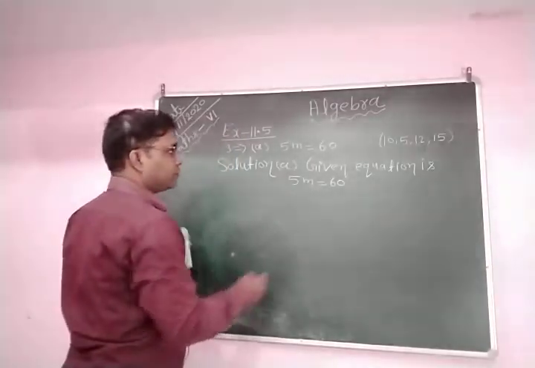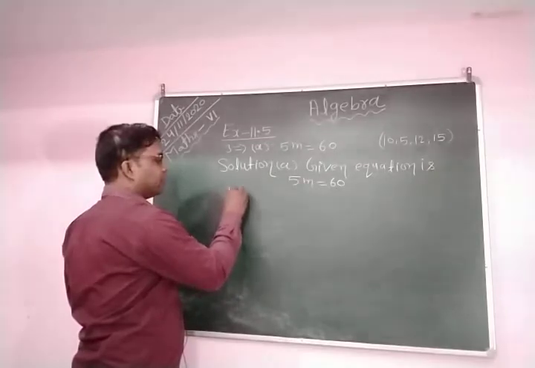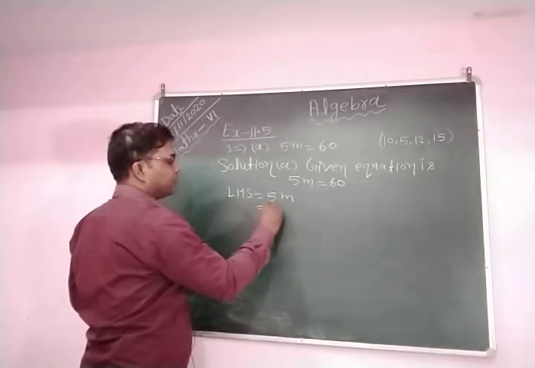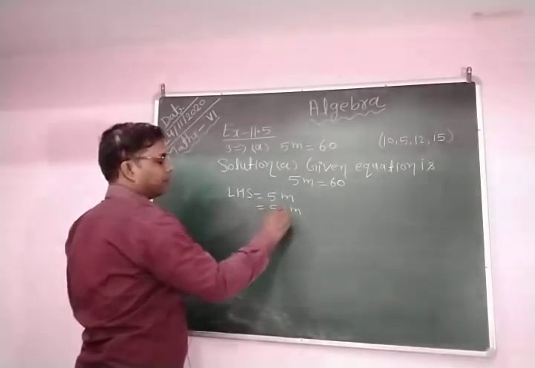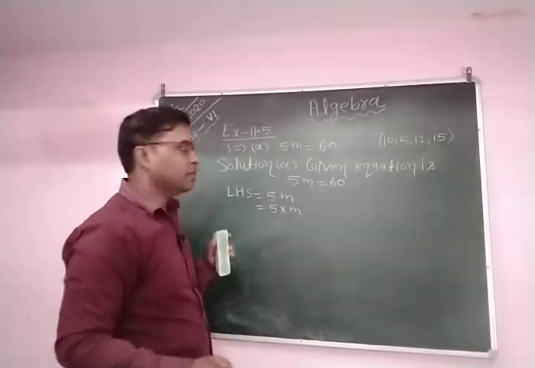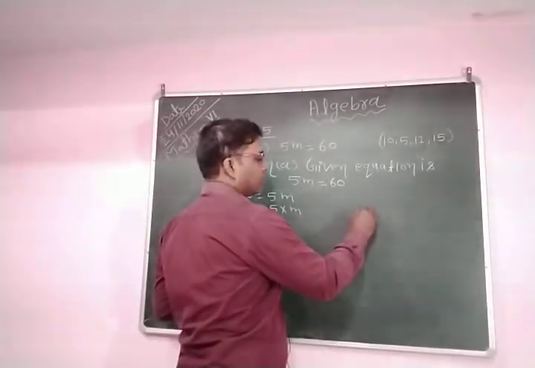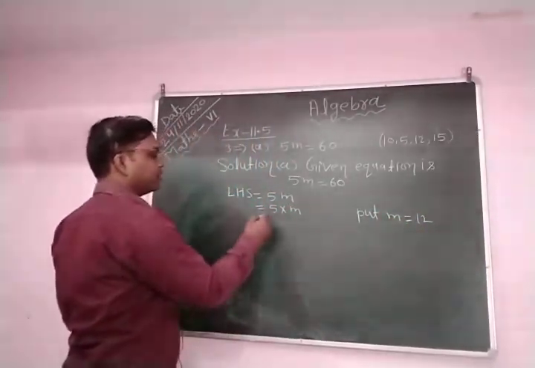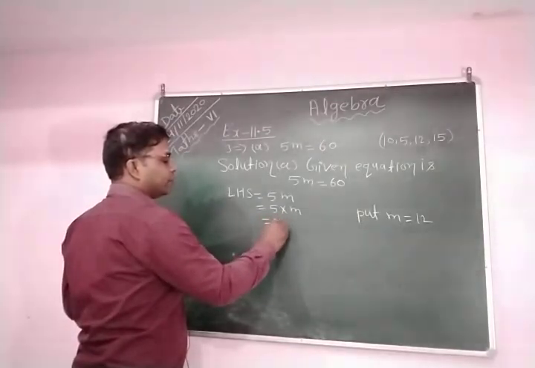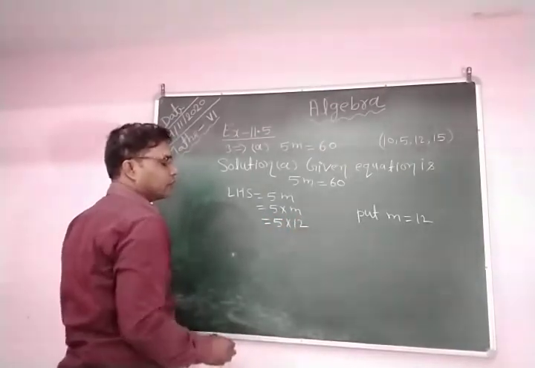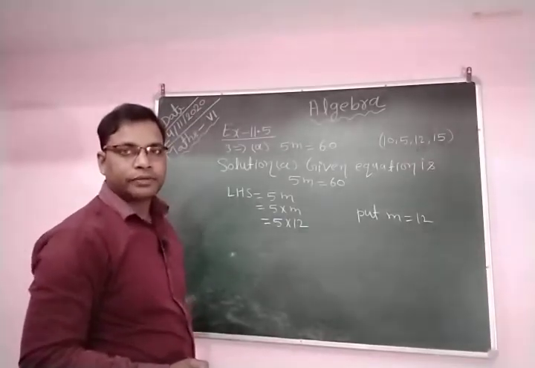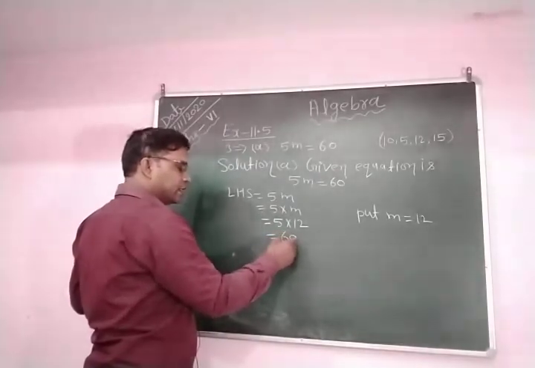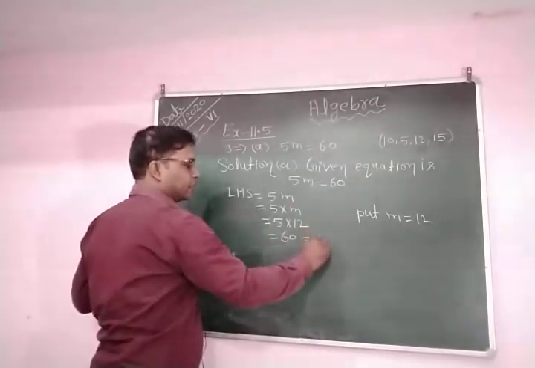Clear now? Next, write here left hand side is equal to 5m, or 5 into m. Now we put m is equal to 12. 5 into 12 becomes 60, and 60 is also the right hand side.